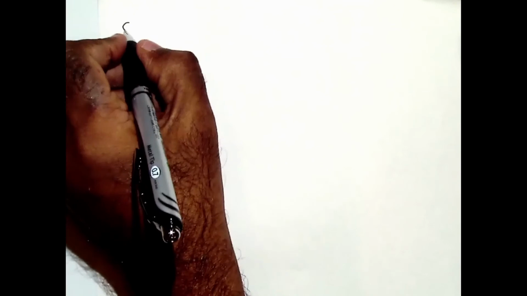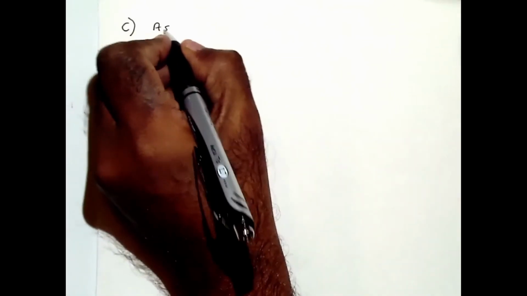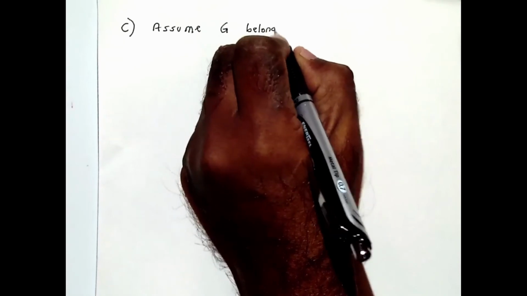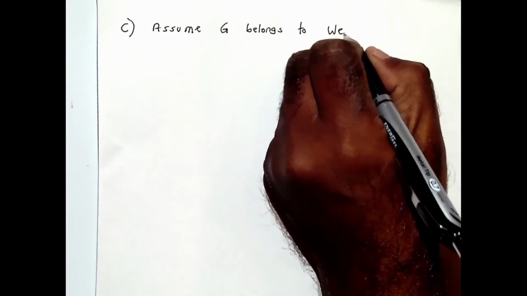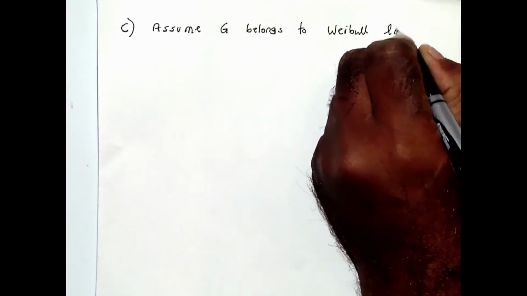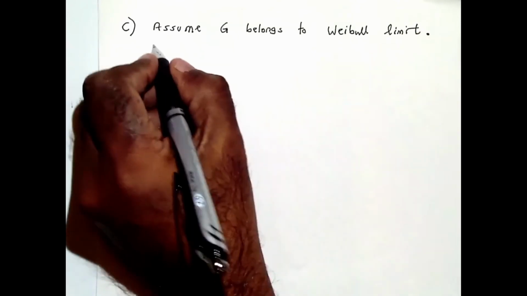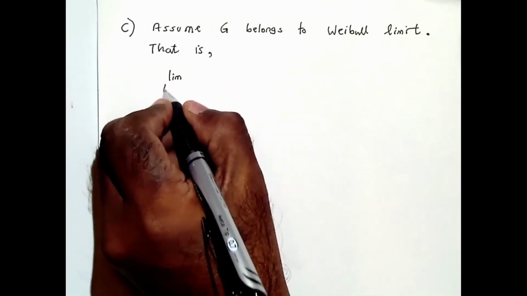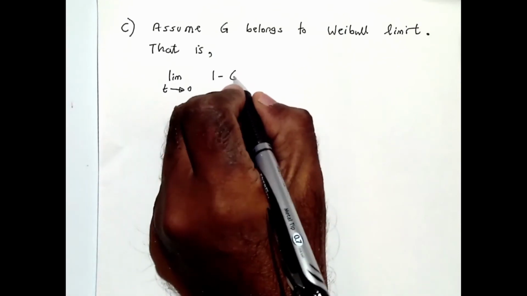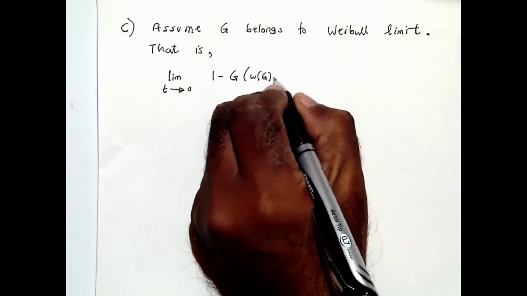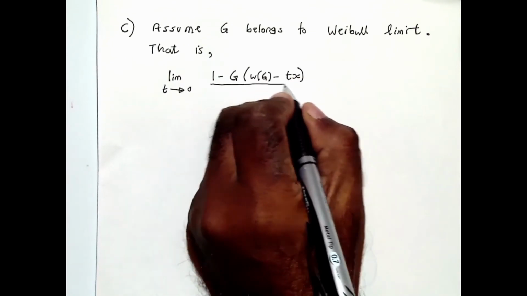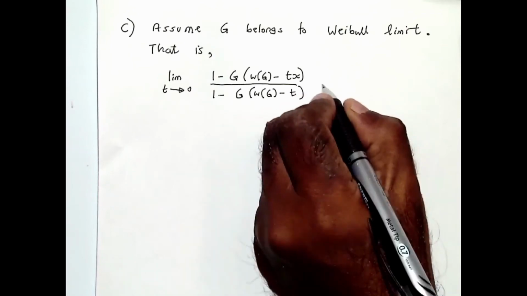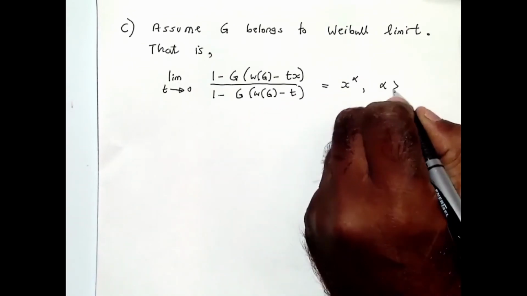So for part C, I'm going to assume that G belongs to the Weibull limit, which is the same as saying that the limit as t approaches 0 of the following is equal to x to the power alpha, where alpha is a positive number.